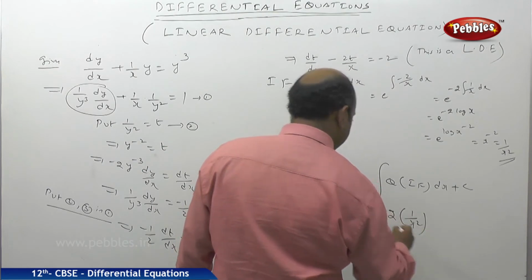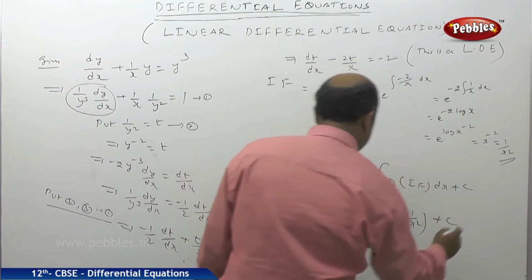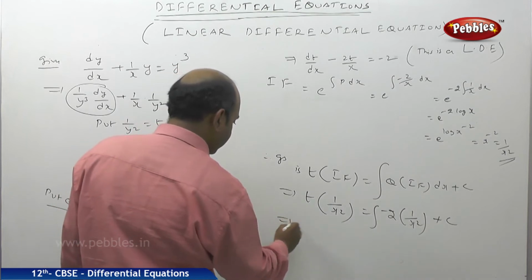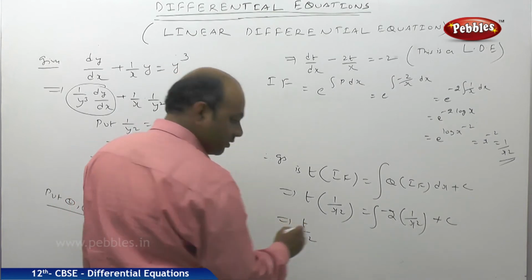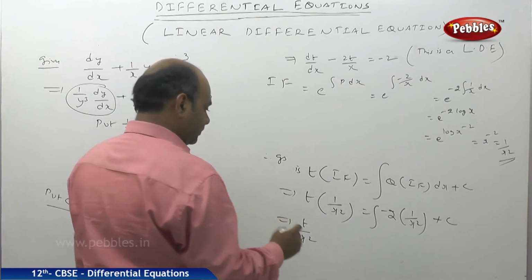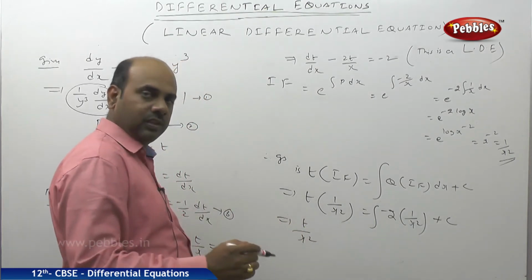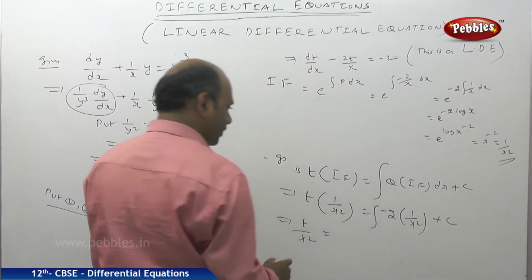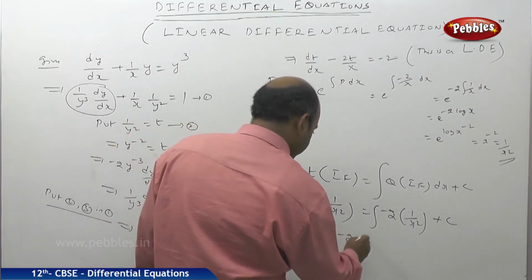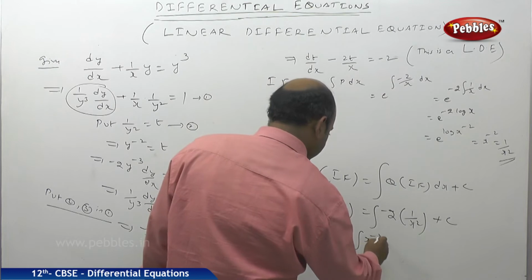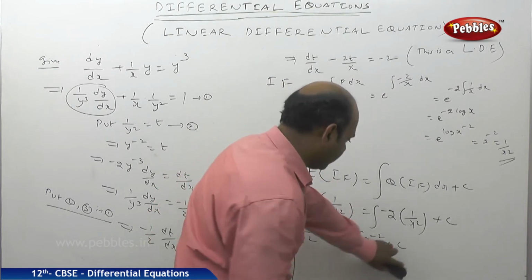Integrating factor means 1 by x square, plus c. So finally, t by x square is equal to minus 2 into integral of x power minus 2, plus c.